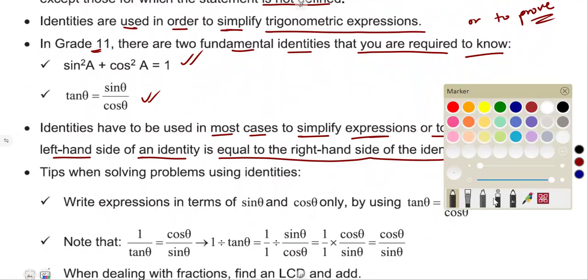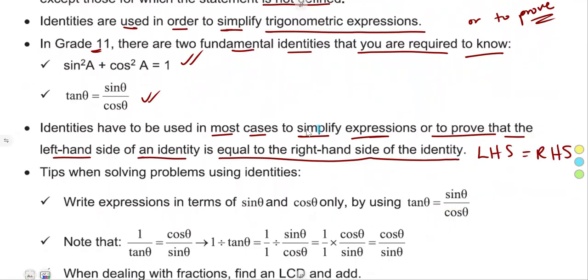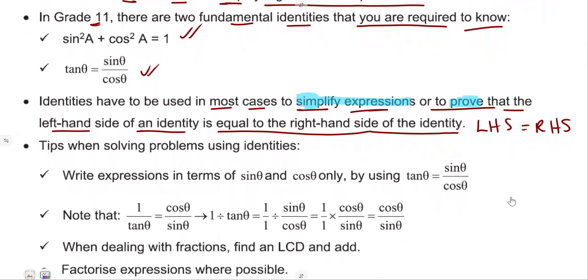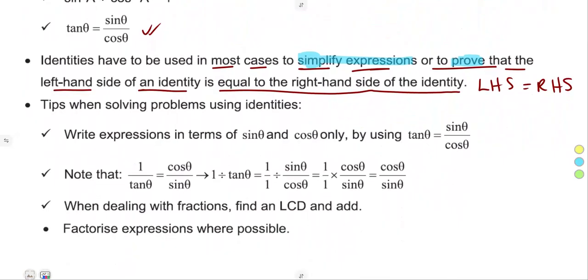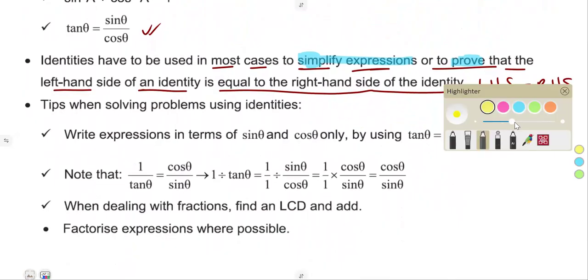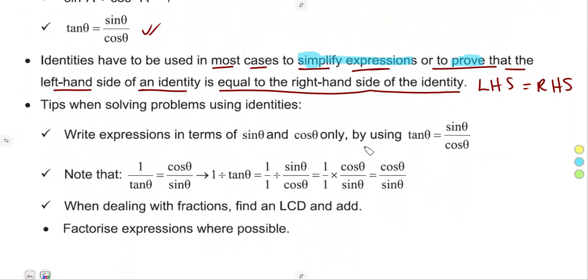Besides simplifying, proving is very, very important. So these are some of the tips that you are going to consider whenever you are to simplify or solve problems where identities are to be used.